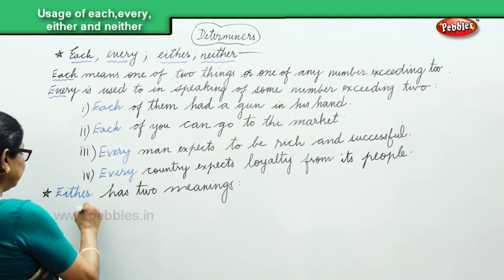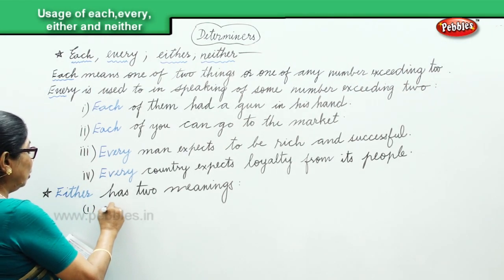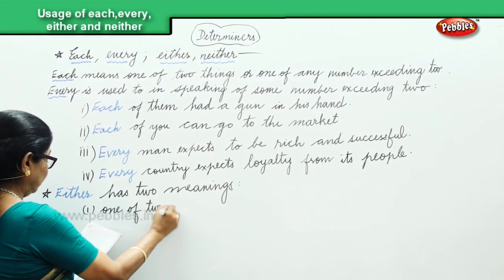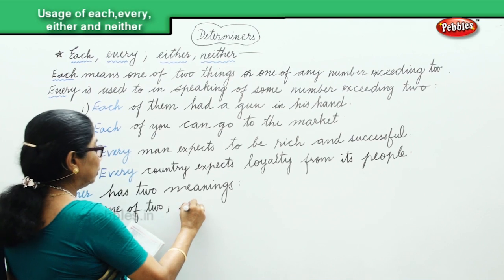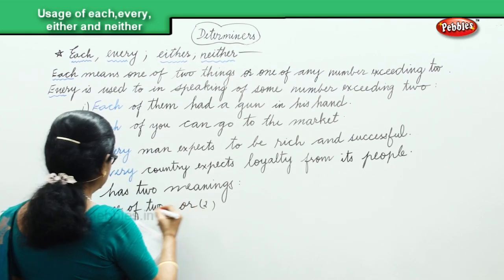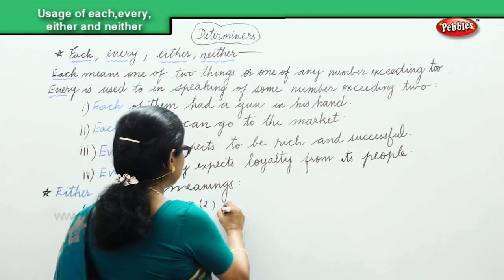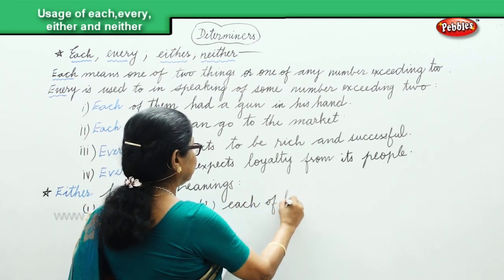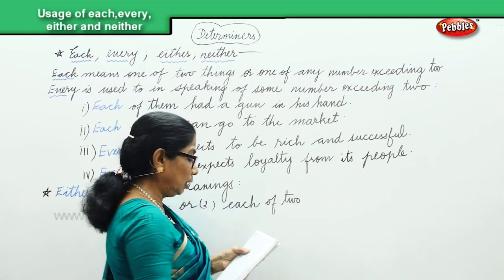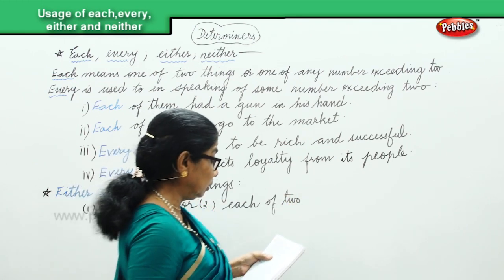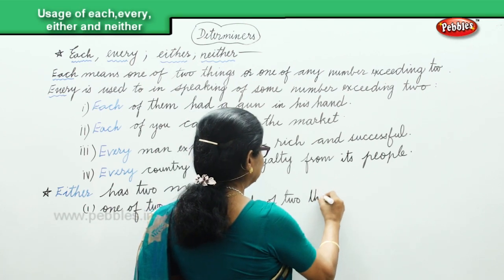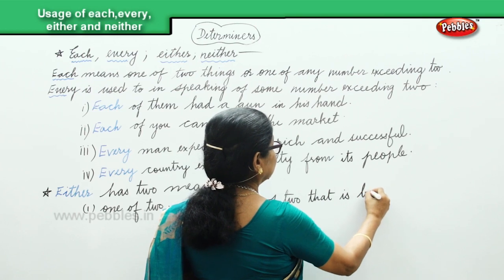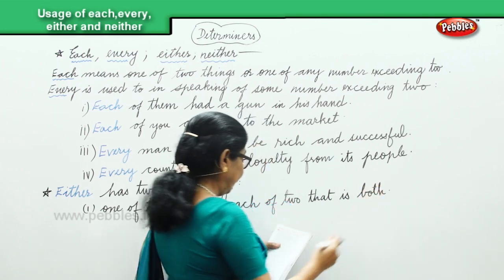One of two, or the second one is each of two. One of two or each of two, that is both. Okay.